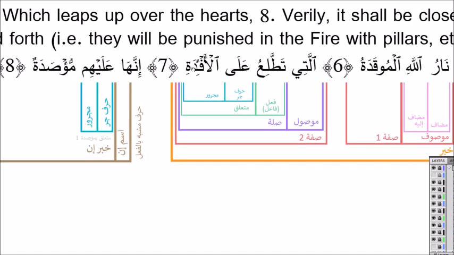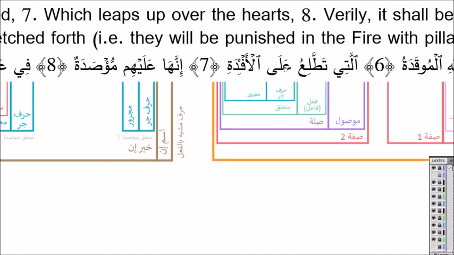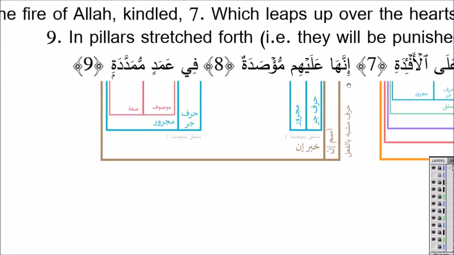and then the second adjective is the sentence, which consists of a relative pronoun and a relative clause. The relative clause consists of a verbal sentence, so we have the fi'l and the verb and the subject, and then an attachment, which is a prepositional phrase, which is the preposition and the object of the preposition. In the last two verses, we have a particle which resembles the verb inna, and then we have the predicate of inna.